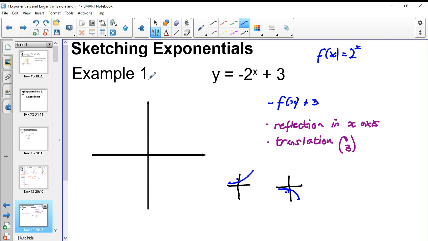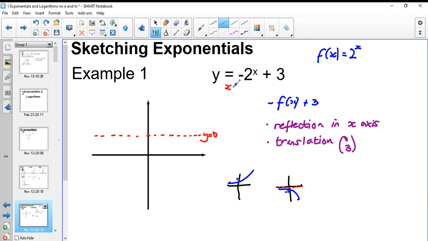Now, top tip, if you're drawing any graphs or sketching any graphs with asymptotes, place the asymptote first. If this is y equals 0, if that moves up by 3, then it's going to be at y equals 3. We can work out where it crosses the y-axis either by considering this. So if this moves up by 3, it's going to go to 2.